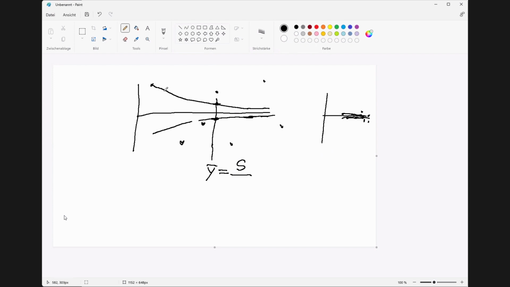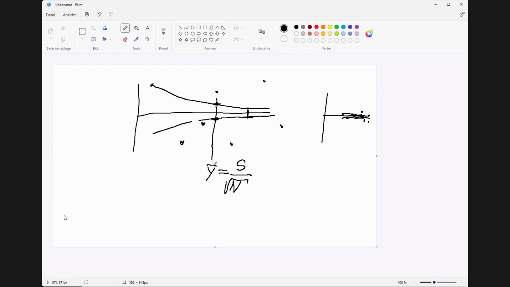And then you have a decrease of this difference with the number of measurements. If the number of measurements is higher, you get a smaller difference. And that is running with the root of n. So when you have a higher number of measurements, then it is smaller.